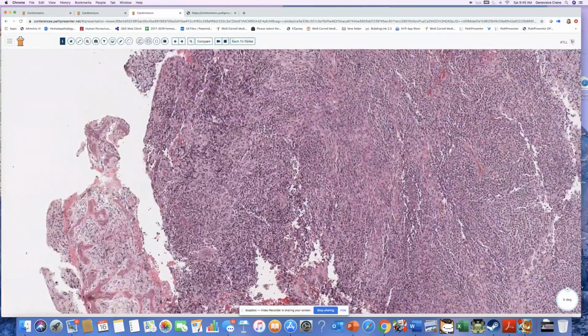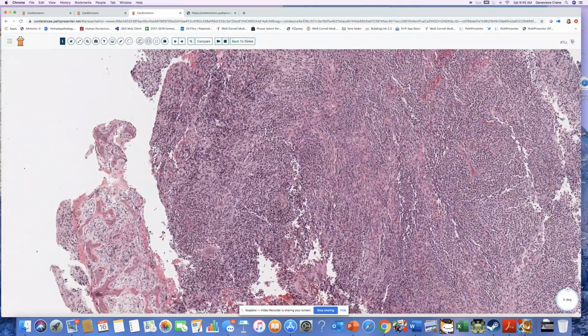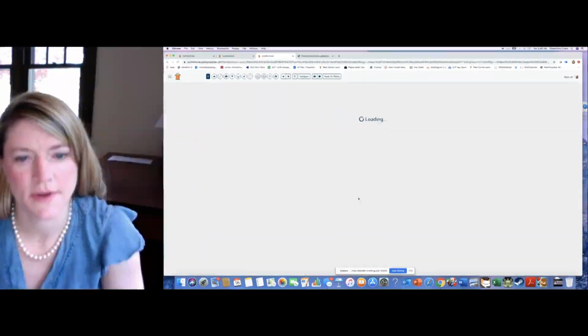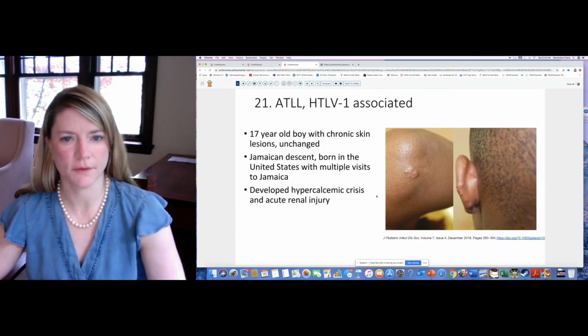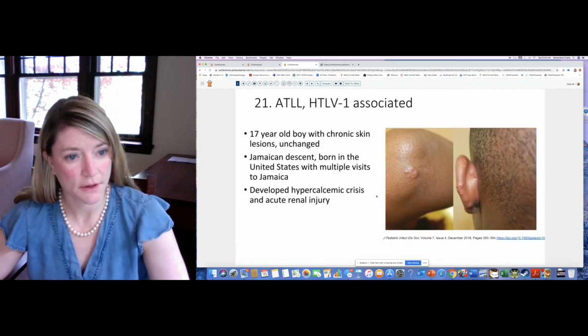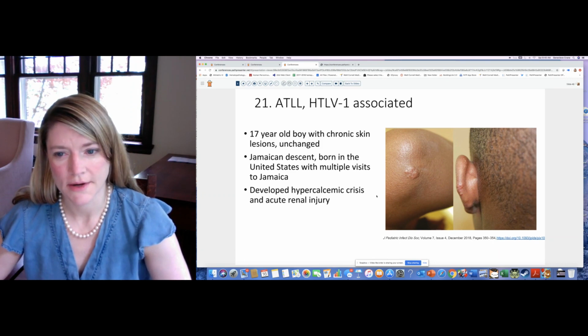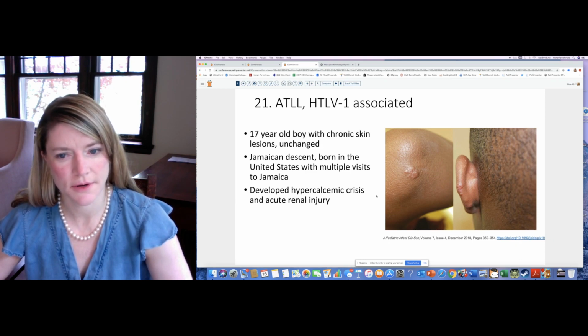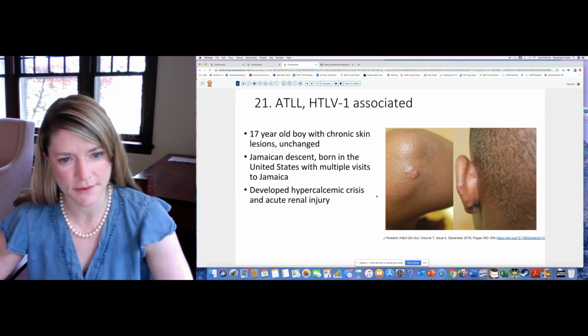This patient, as we'll see on the next slides, was a little bit atypical. He was very young, a 17-year-old boy. Now, he did have a connection to Jamaica. His mother was Jamaican. He was born in the United States, but had multiple visits there as a child.